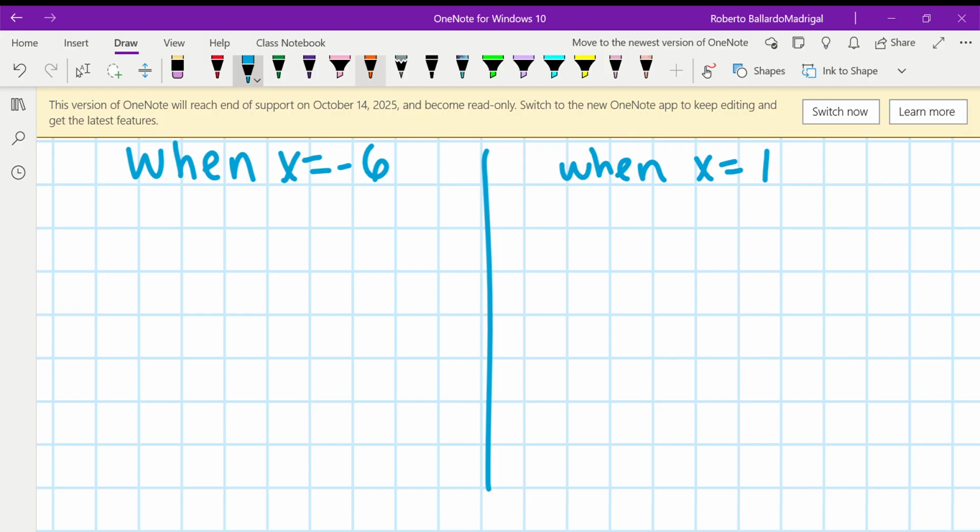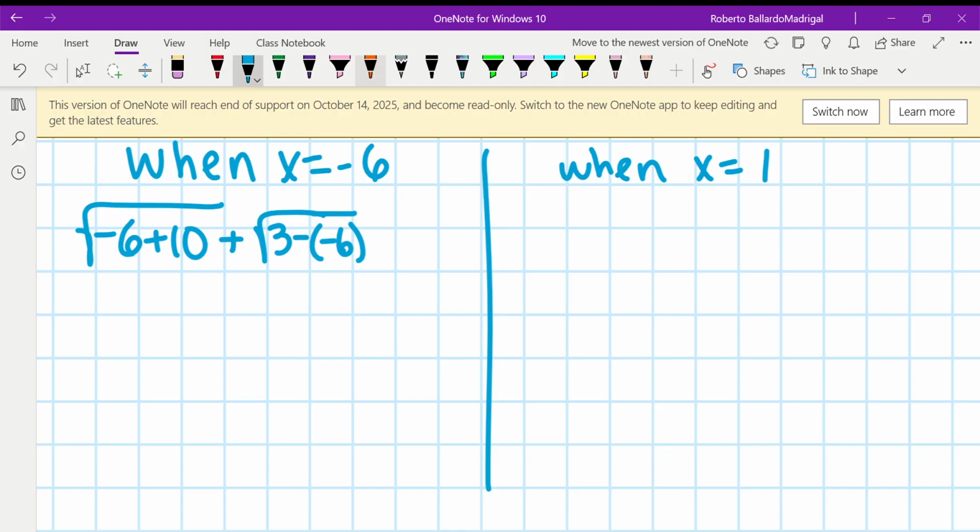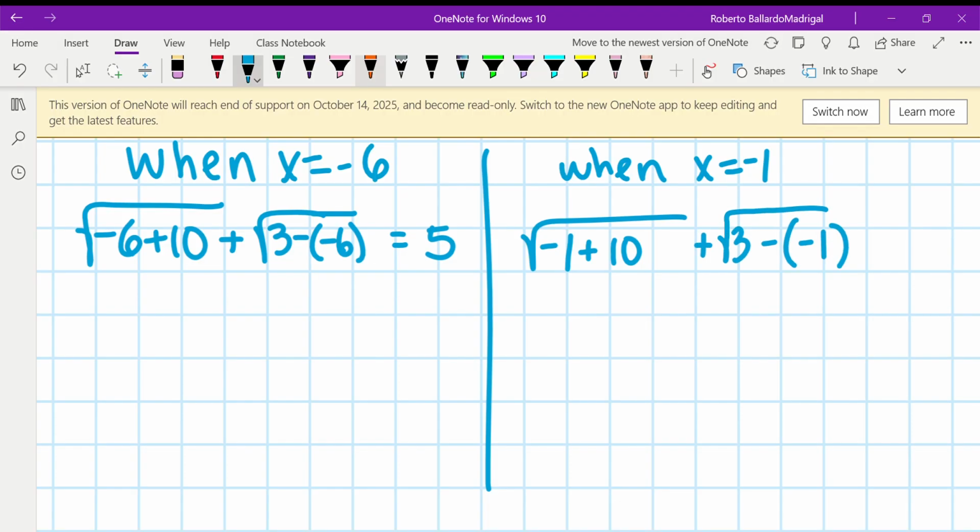First, when x equals negative 6, we have the square root of negative 6 plus 10 plus the square root of 3 minus negative 6 equals 5. Then for the other one, the square root of negative 1 plus 10 plus the square root of 3 minus negative 1 equals 5.